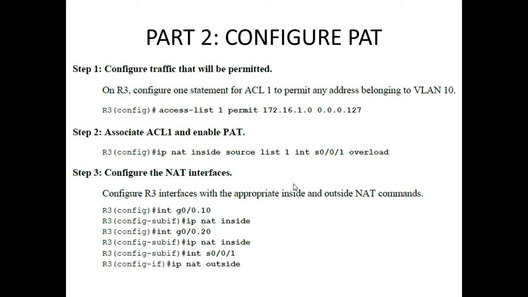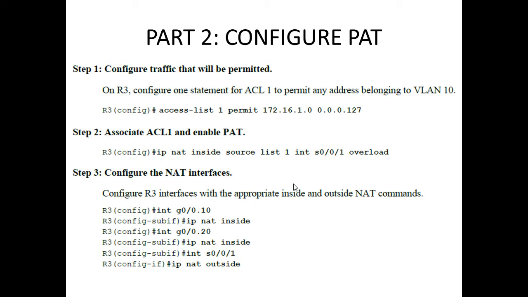To configure port address translation, PAT is similar to dynamic NAT, but the difference is that in PAT, a single public IP address is used for all internal private IP addresses.